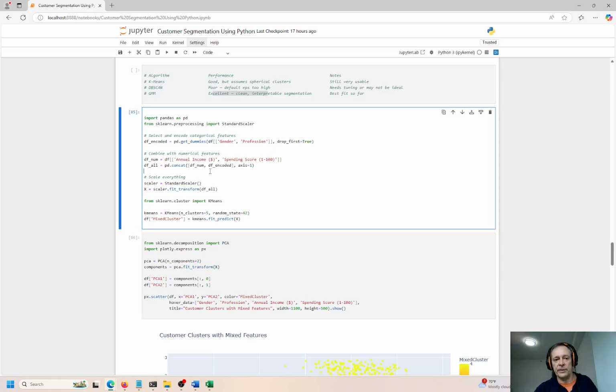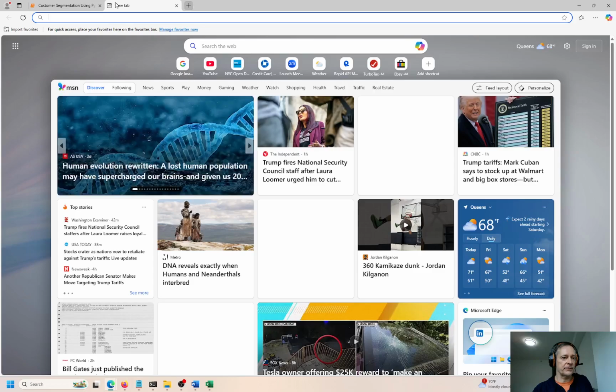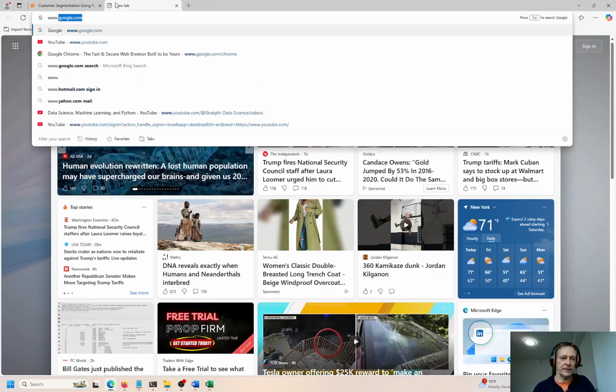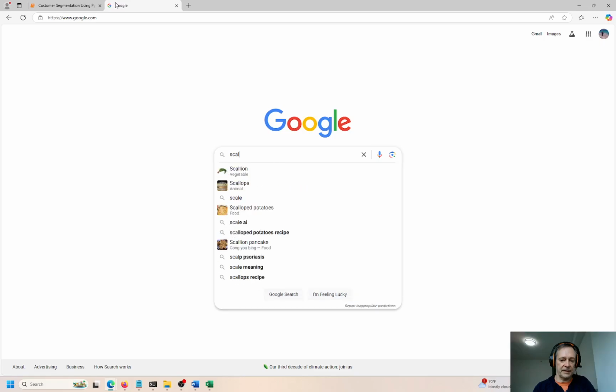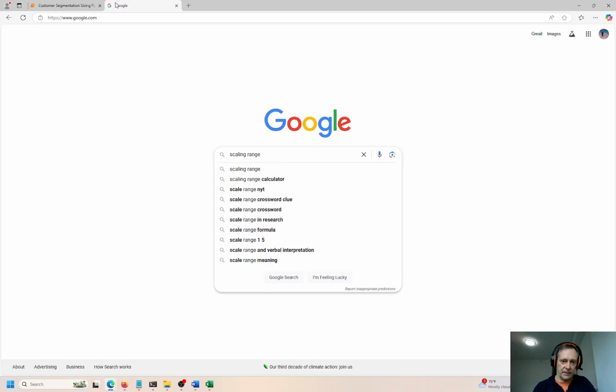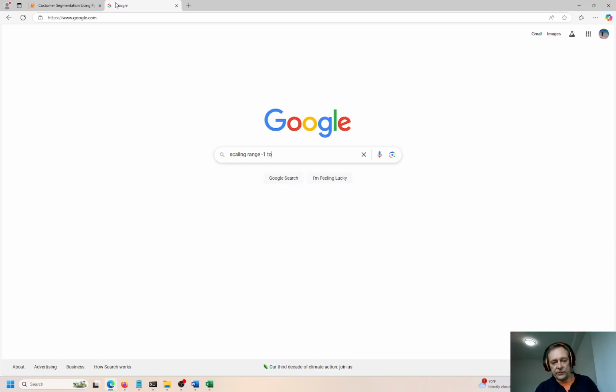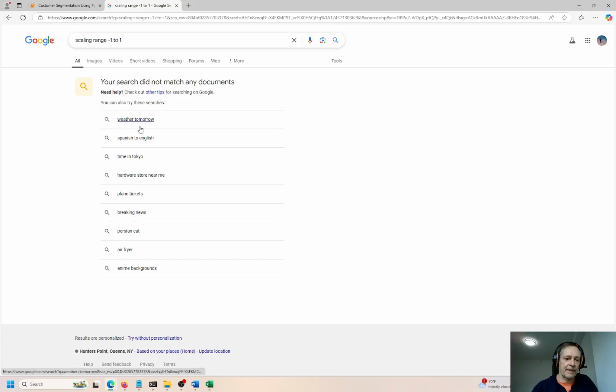And I believe for this one, it goes from -1 to 1. Let me see, scaling range, or 0 to 1. I forgot, there's 2 ways to do this. No, I think -1 to 1. Is that how it's working?